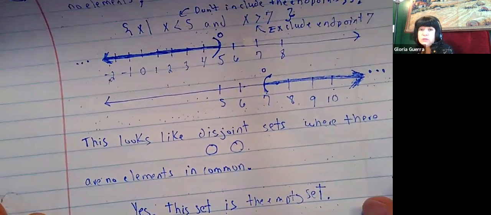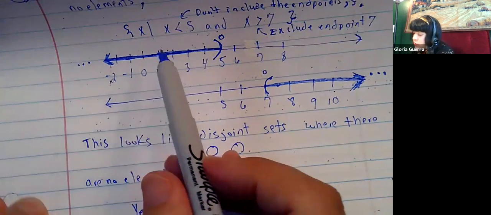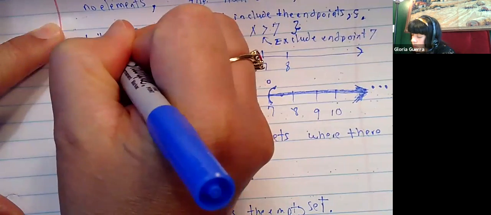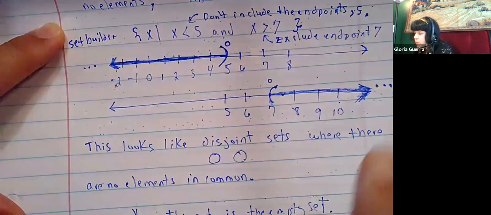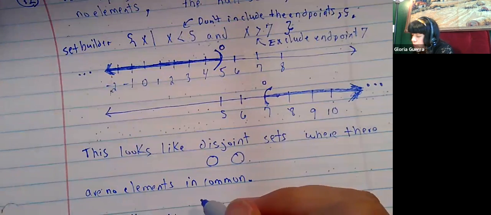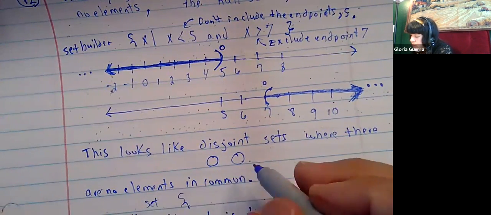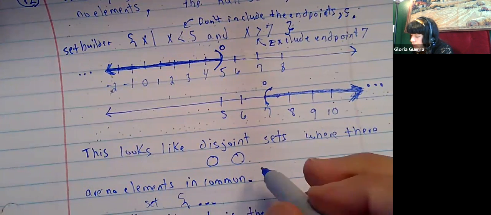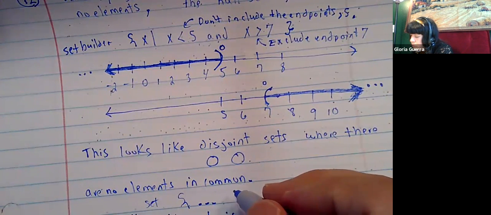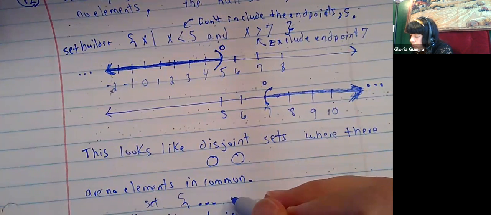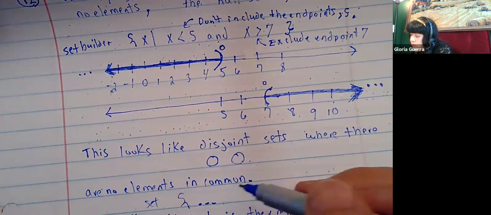So this is set builder notation. And really what you have in your set, you try to write your set out. This is dot dot dot, and for example, it depends how much you want to write.